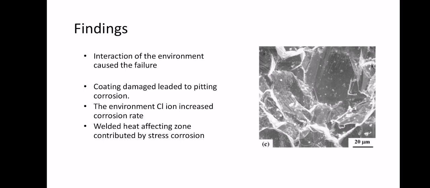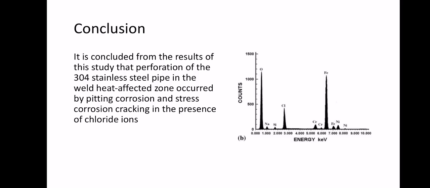This increased the corrosion. So, conclusion: it is concluded from the results of this study that the perforation, or the hole, of the 304 stainless steel pipe in the weld heat affected zone occurred by pitting corrosion and stress corrosion cracking in the presence of chloride ion.